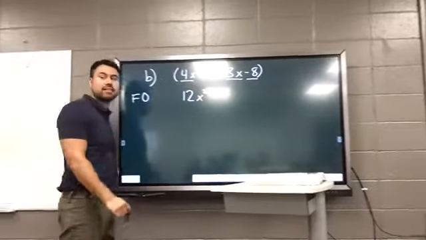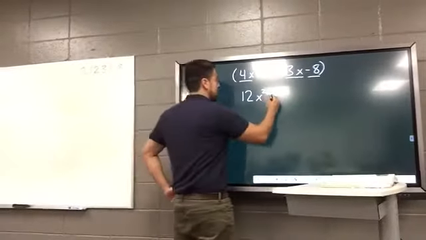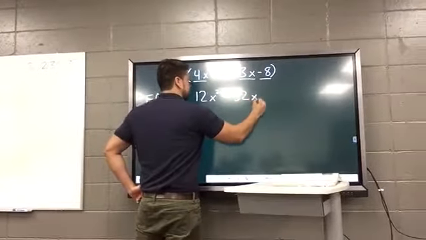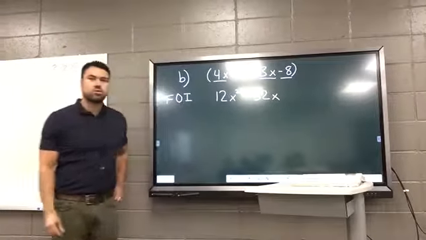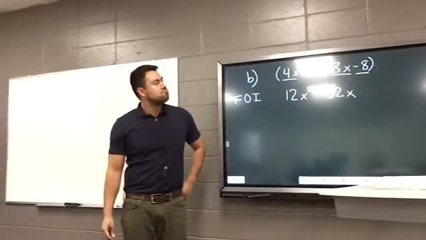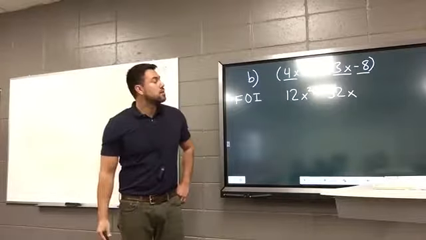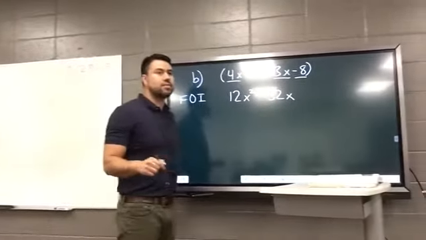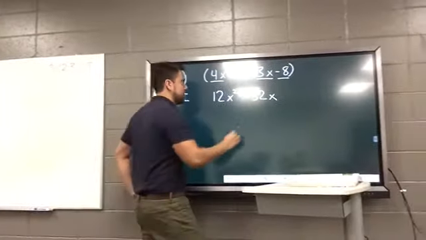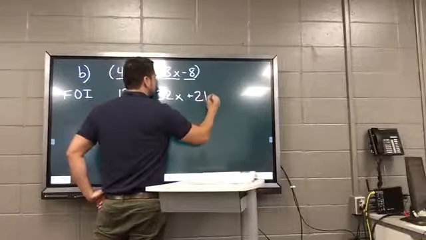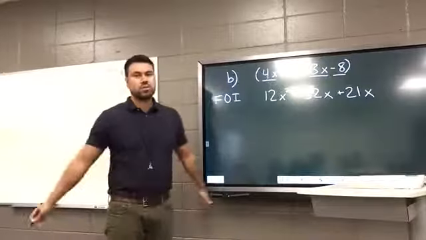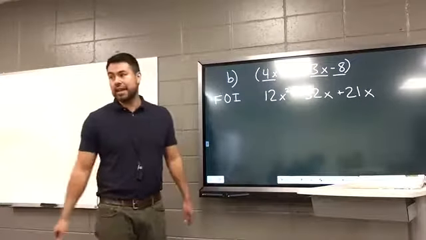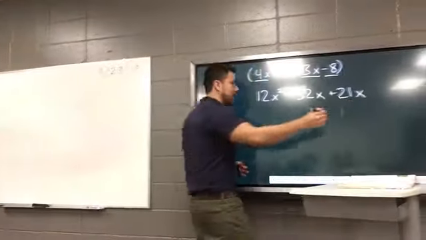What's 4x times negative 8? Negative 32x. Okay? Inner terms. Can somebody tell me what the inner terms are? 7 and 3x. What's positive 7 times 3x? Positive 21x. And then what are the last terms? 7 and negative 8. What's 7 times negative 8? Negative 56.